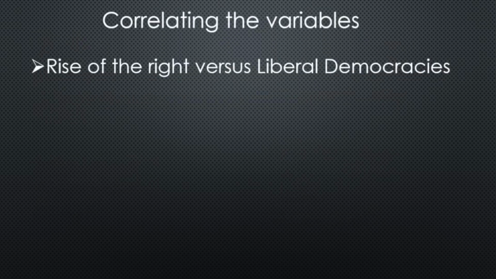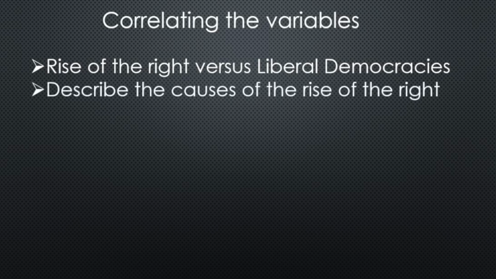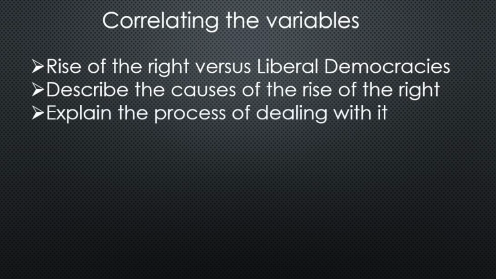So how do you correlate the variables? Very easily. So rise of the right versus liberal democracies. This is a variable that we picked up from the indicative part or the statement that was present in the question initially. The second thing that we need to do is to describe the causes of the rise of the right, which again we got from the question that was immediately following the statement.